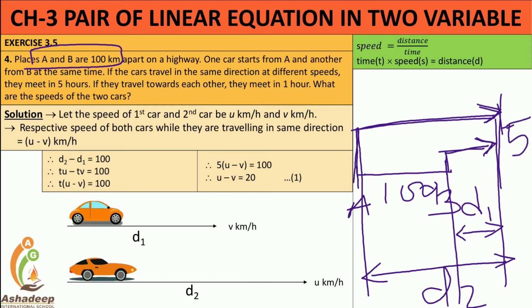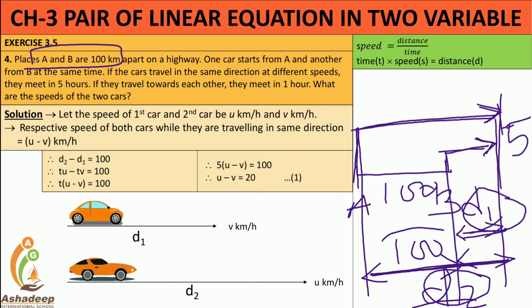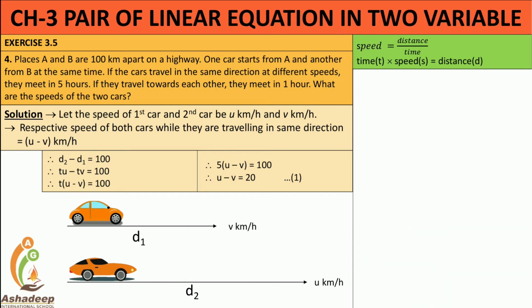If I subtract D1 from D2, this portion is cut out, so this portion remains. This is nothing but 100. So we can say here D2 minus D1 is equal to 100. Once again, A and B are places 100 kilometers apart.